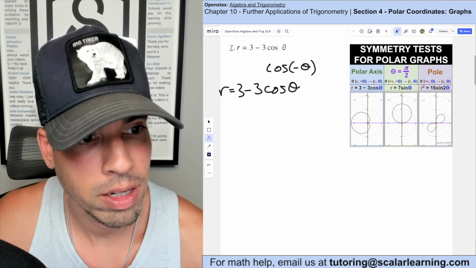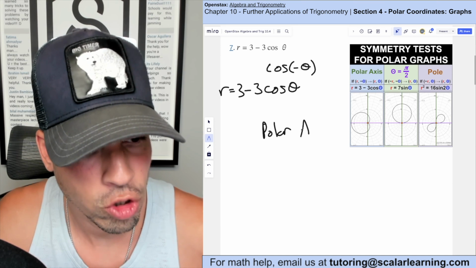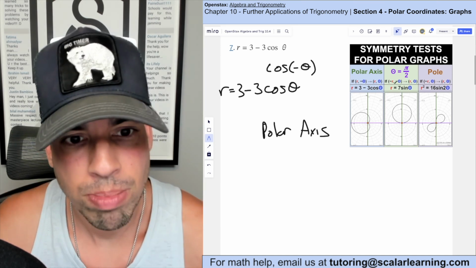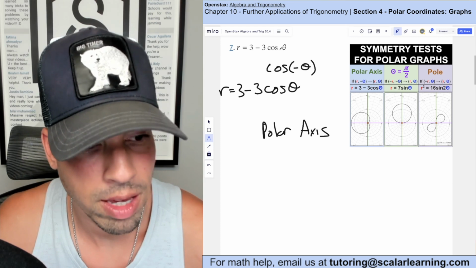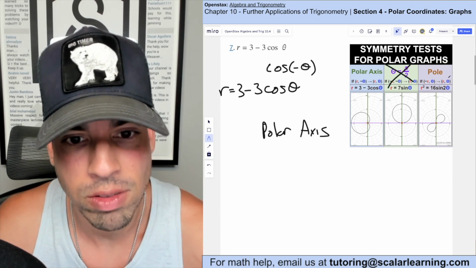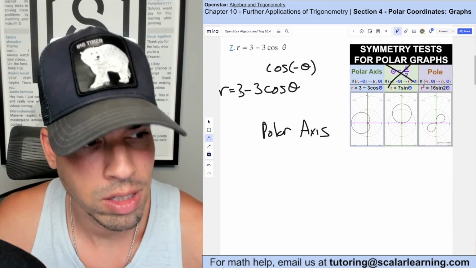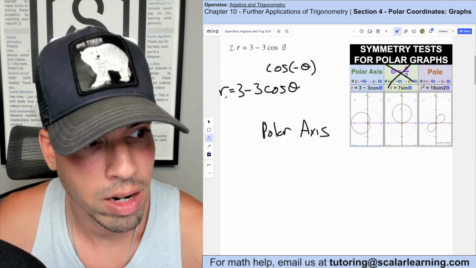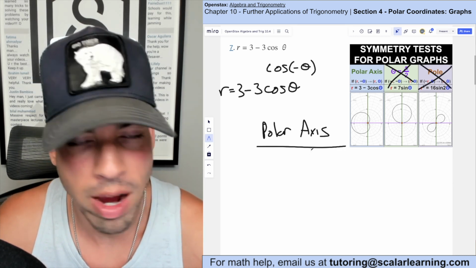So when we plug in a negative theta, we get the exact same function, which means it does have symmetry to the polar axis. Now, when I plug in both negative r and negative theta, the r would flip, but the theta wouldn't. So it's not symmetrical to theta equals pi halves. And then for the pole, if I plug in negative r, it doesn't go back to the same equation, doesn't go back to regular r, right? That r would be negated. So it doesn't have symmetry to the pole either. So just the polar axis. Done.